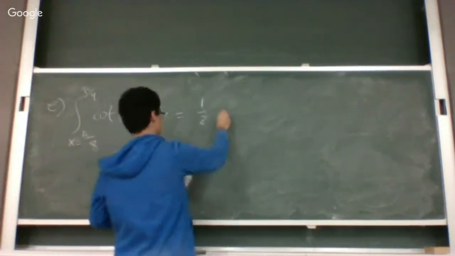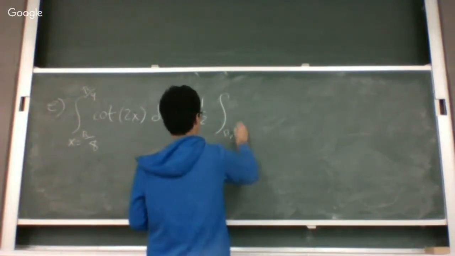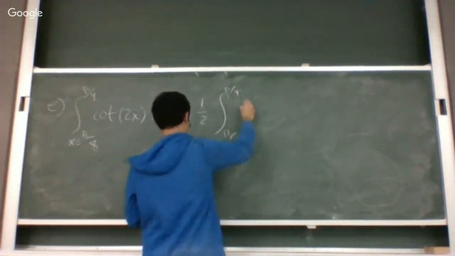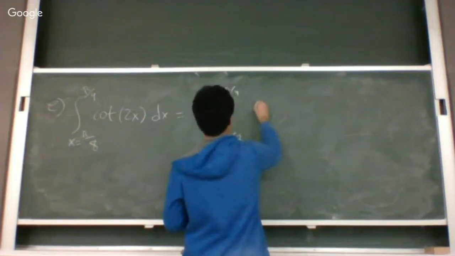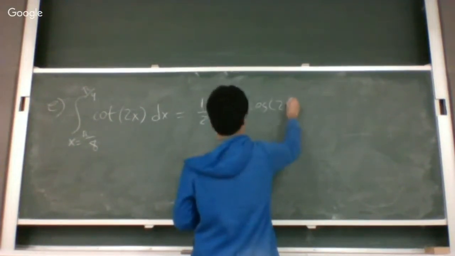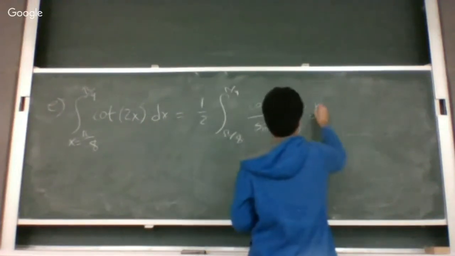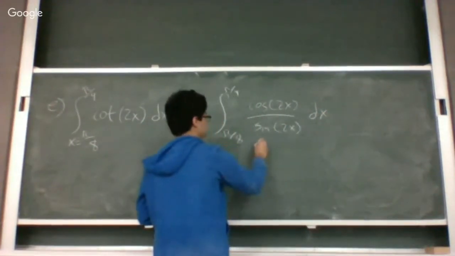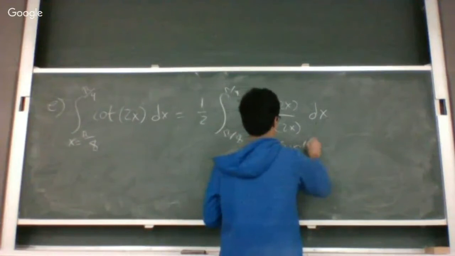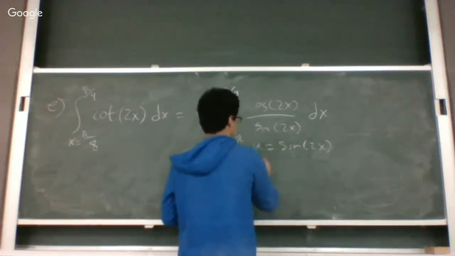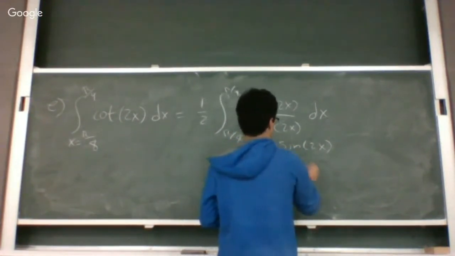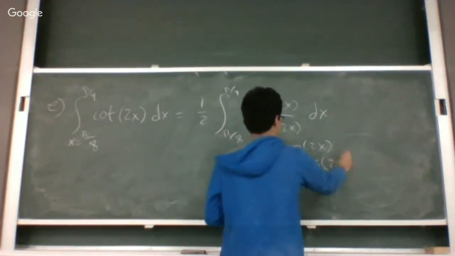So we have 1/2 from pi over 8 to pi over 4 of cosine of 2x divided by sine of 2x dx. We set our u to sine of 2x. Our du would be 2 cosine of 2x.